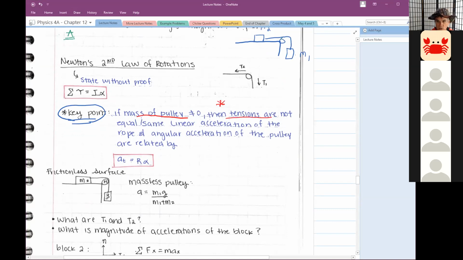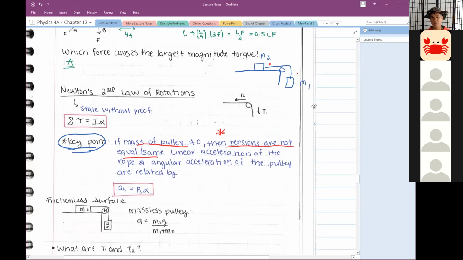I can't assume that the tension on the part of the rope connecting mass 1 is the same as the tension on the part of the rope connecting mass 2. Just to be clear, if the tensions were the same, then one would be producing a positive torque, the other a negative torque. Those torques would have the same magnitude. There would be no net torque, and so there would be no rotation.